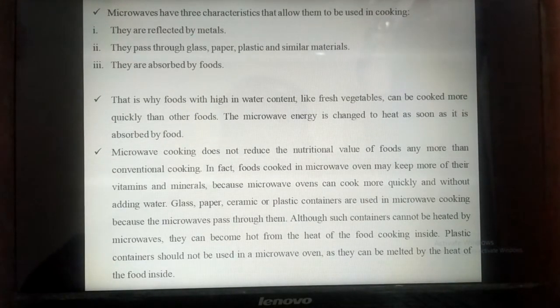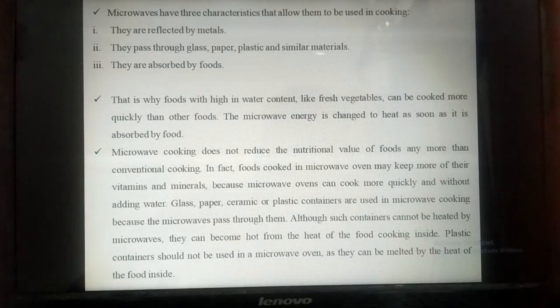Microwaves have three characteristics that allow them to be used in cooking. First, they are reflected by metals. Microwave chambers are fabricated from metals, so they reflect the rays, and that's why all the rays are absorbed by the food.